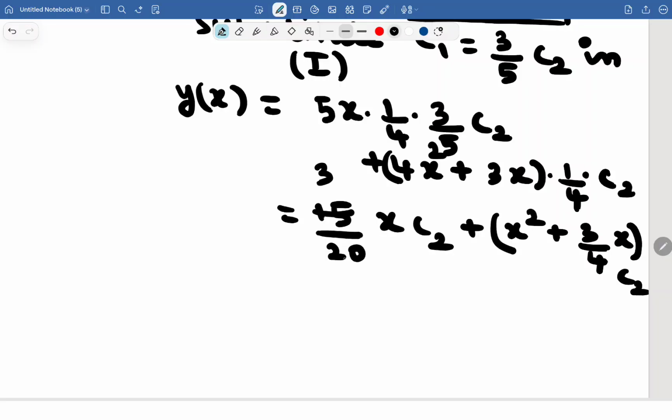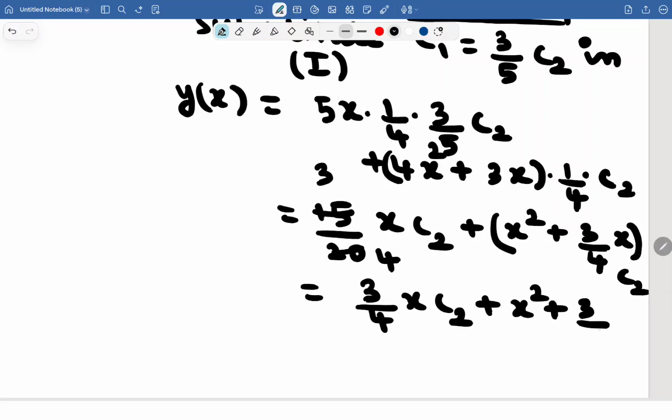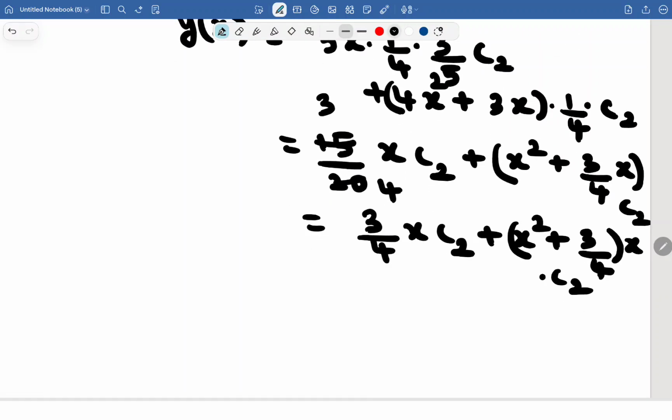Simplification, 5 into 3, 5 into 4, it becomes 3 by 4 x C2 plus x square plus 3 by 4 into x into C2.